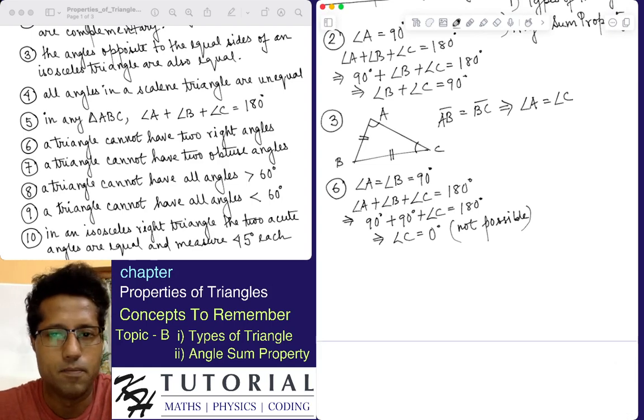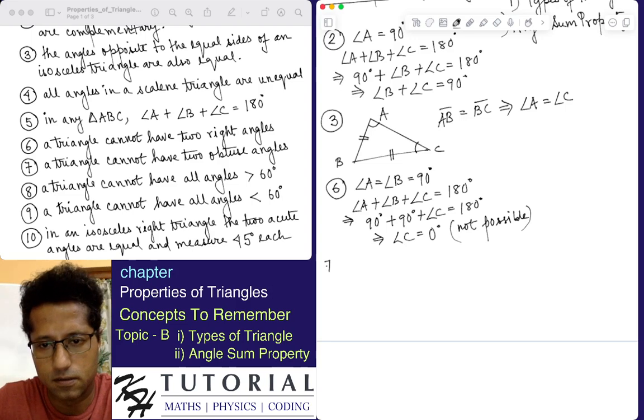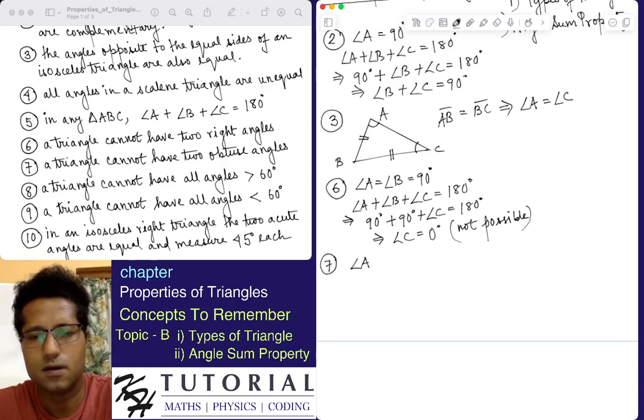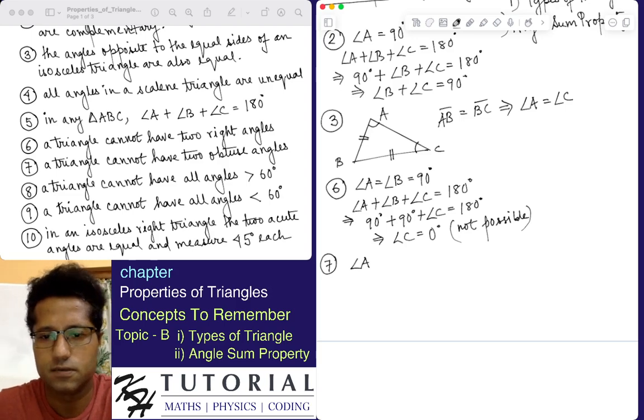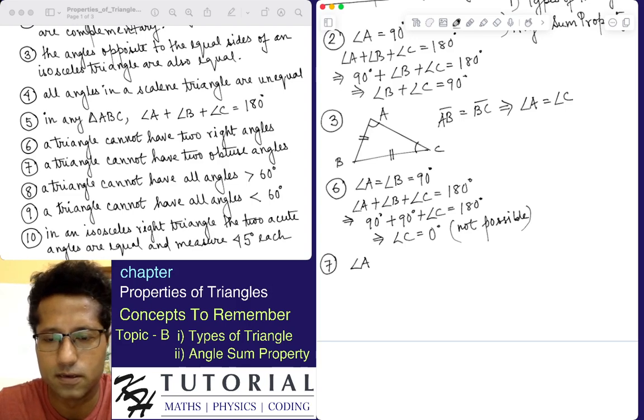Okay. Point number 7, a triangle cannot have two obtuse angles. The logic is the same.